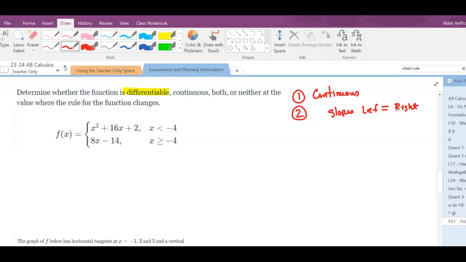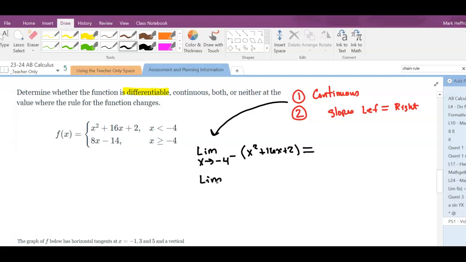And we're going to use all of the correct notation to make sure we earn full points here. So for continuity, we're going to say, hey, does the limit as x approaches -4 minus, that's the left side, of x squared plus 16x plus 2, what does that equal?